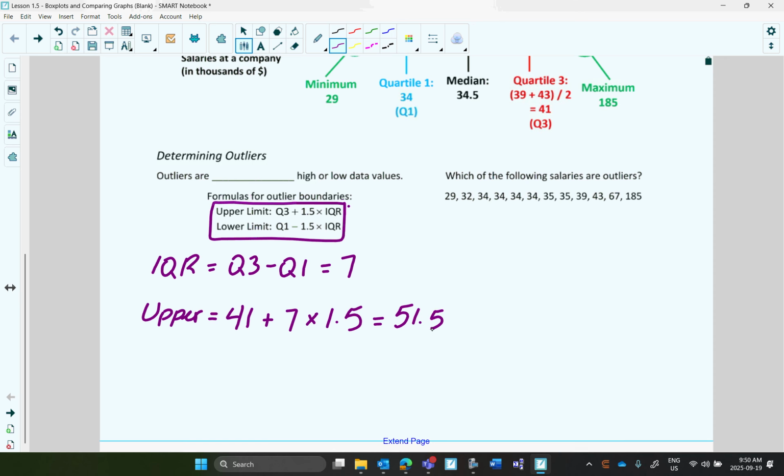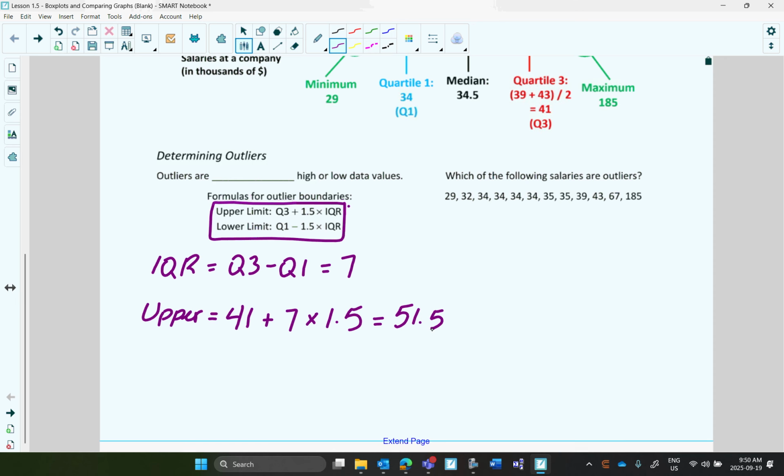Anything higher than 51.5 is an outlier, specifically an upper outlier. When you look back at your distribution here, is there anything above 55? Yes, there are 2 values.